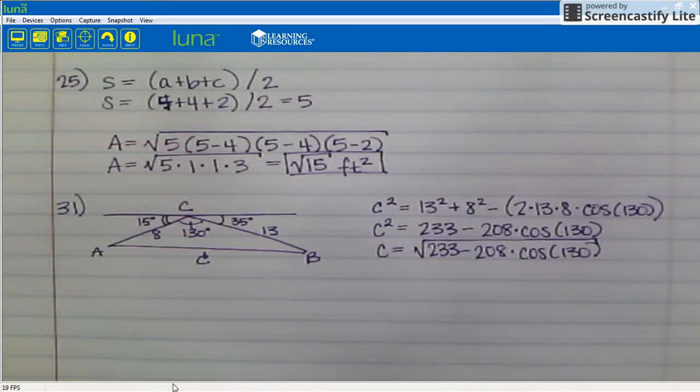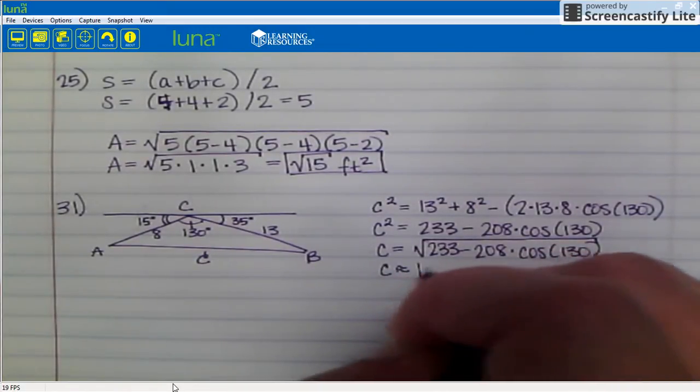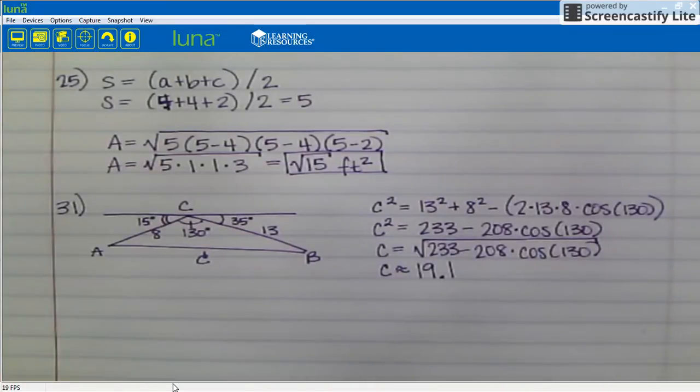And I'll let my calculator do all of that legwork. So this gives me C is approximately equal to 19, or 19.1 since we round off to the nearest tenth.